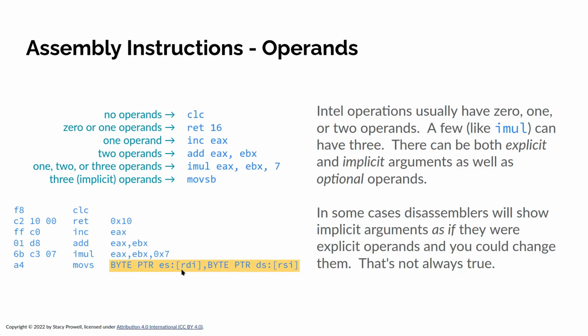This is the destination register. This is the source register. And I cannot, in fact, change them. Won't assemble because it's just not the way it works. This is how it works, where the registers are implicit.